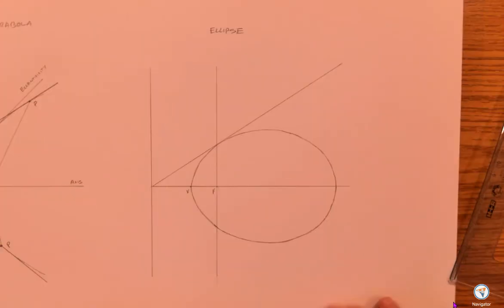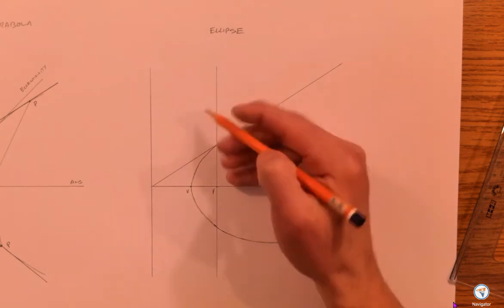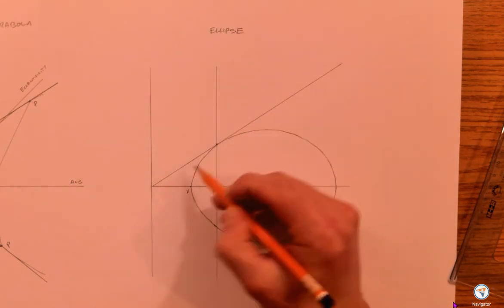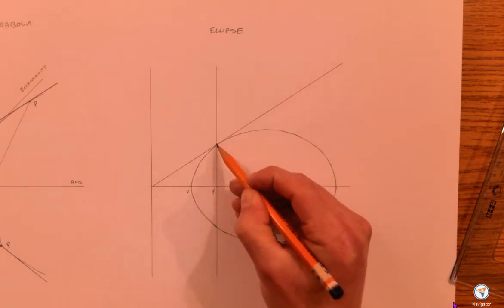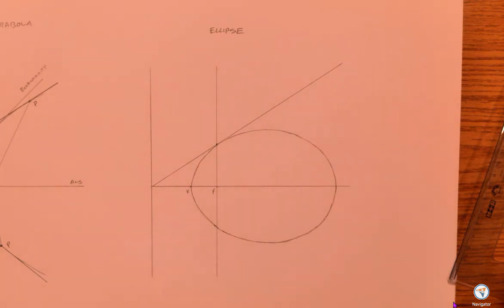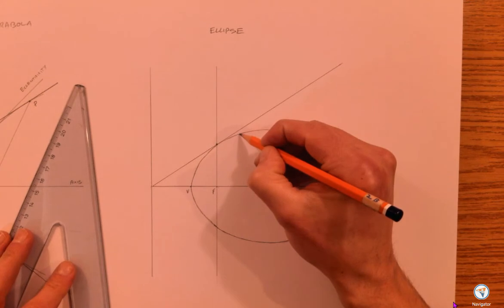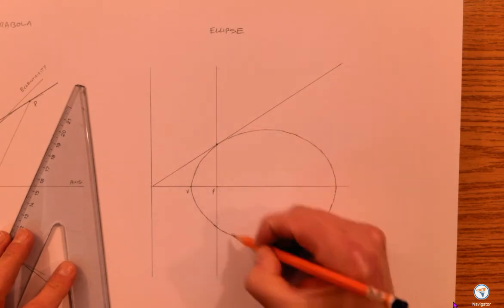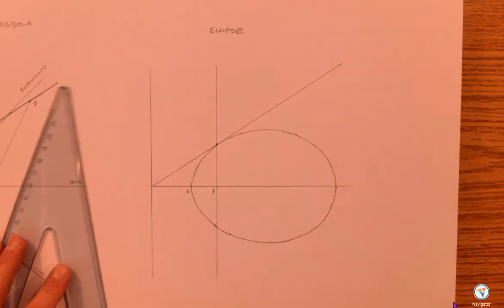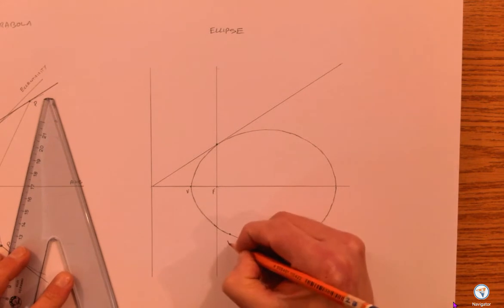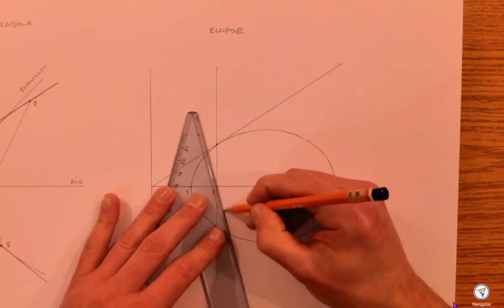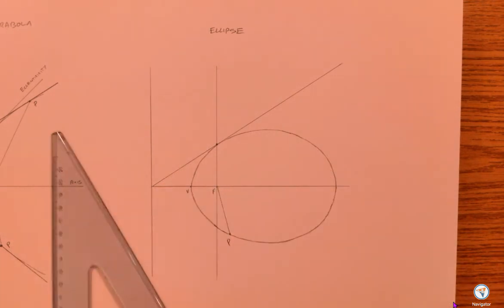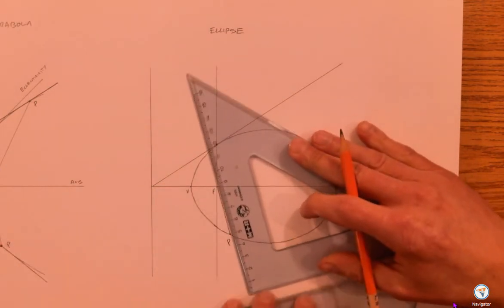So when I get to my ellipse, again the same thing. This point is automatically a tangent. So where the eccentricity line hits the curve is a tangent. If I took a different point, so we'll say for example a point down here, again it's the same setup. I take point P, I want to draw a tangent, I can join F to P, and once again I'm going to come off at 90 degrees.